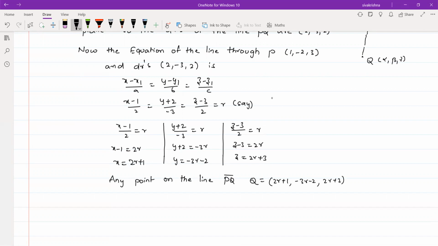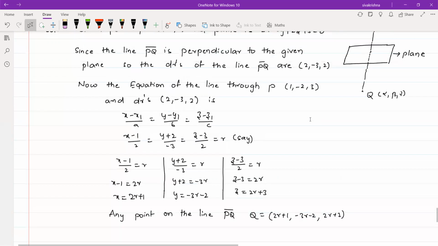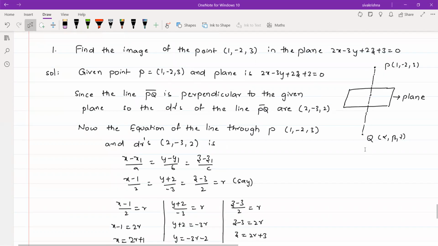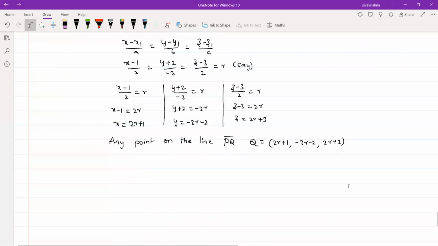So whenever we suppose that the line equation is equal to small r, we get a point, and that particular point lies anywhere on the line. I am supposing that that particular point is nothing but Q, and I have named that point as Q.